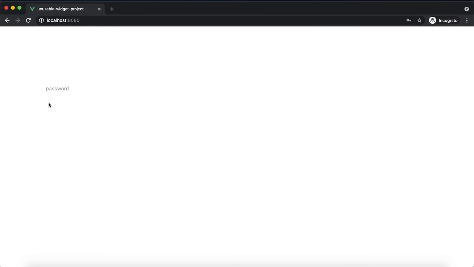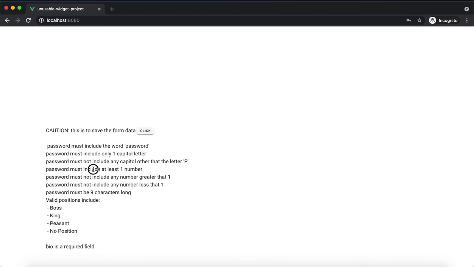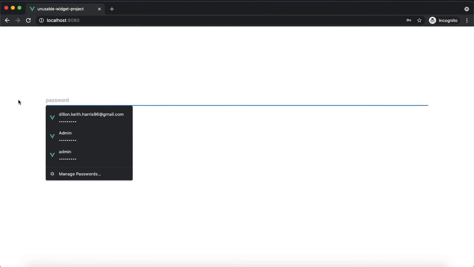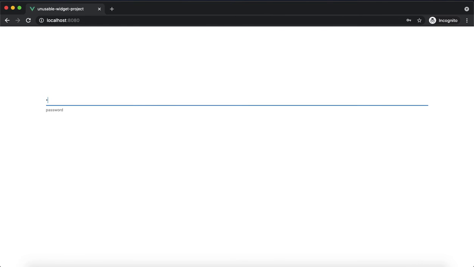Password has a very specific criteria for what is considered a valid password. I don't know if I actually did it 100% properly, but I tried to make it so specific that the only valid password was password1, capital P. And as you're filling it out, you have no way of knowing what the criteria are, or if what you just entered is a valid password or not.